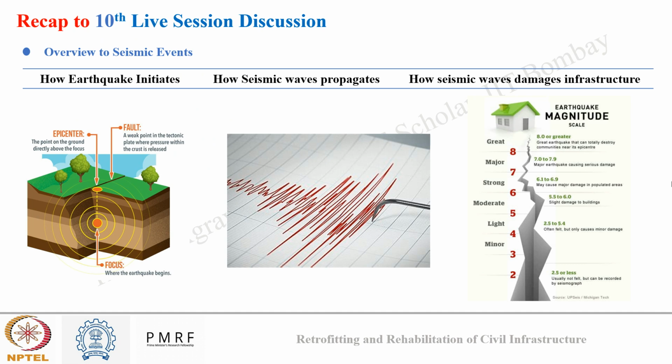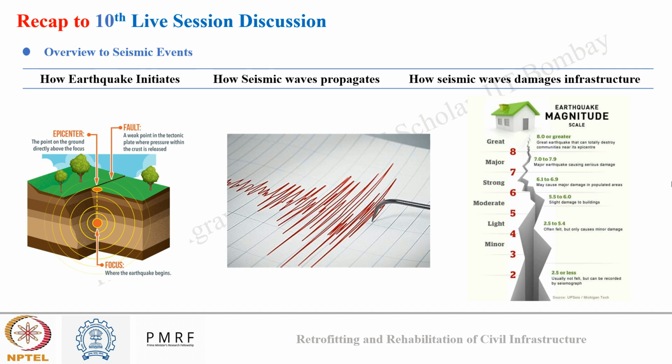We saw, like in the first image you can see, how the earthquake initiates from the focus or hypocenter along the fault line, and what the epicenter is, the point just above the ground where there is the first contact of the seismic wave, and the fault line where the energy propagates the maximum upon earthquake.